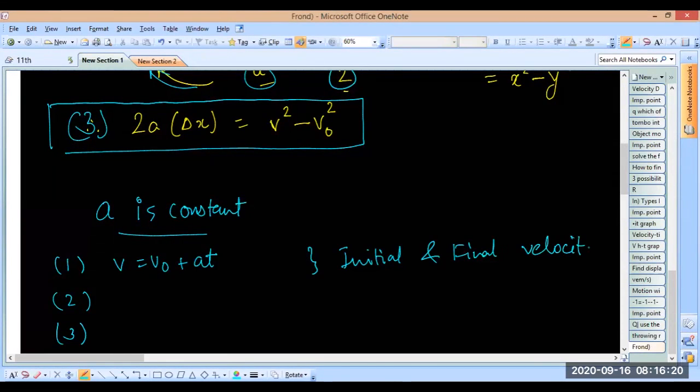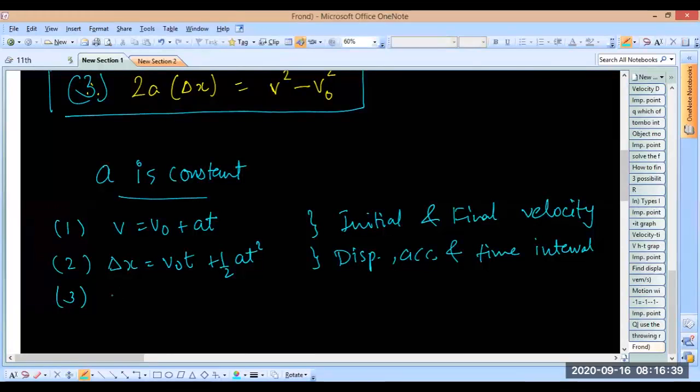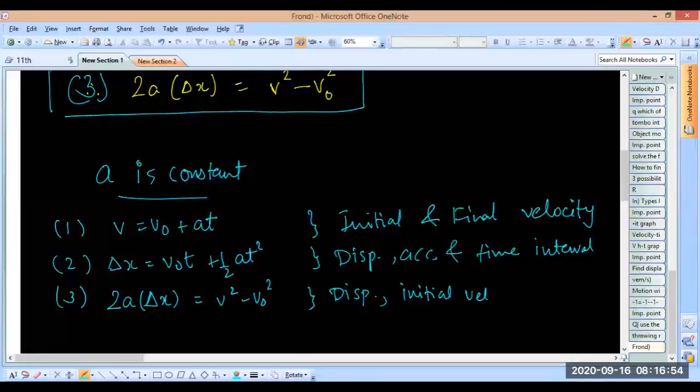The second one is delta x equal to v0 t plus half at square. This gives you a relation of displacement, acceleration, and time interval. The third one, 2a delta x equal to v square minus v0 square, gives you a relation of displacement, initial velocity and final velocity.